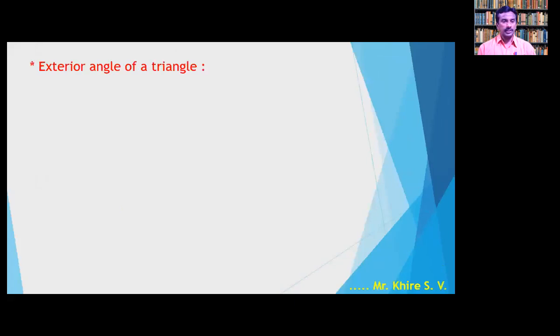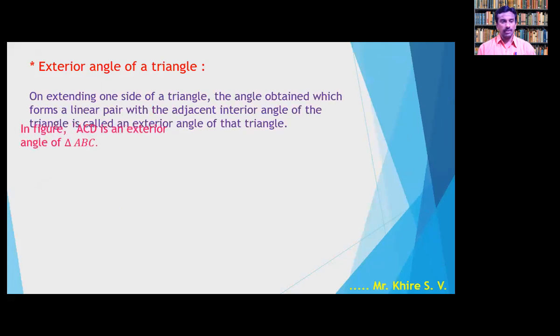Now, what is an exterior angle of a triangle?